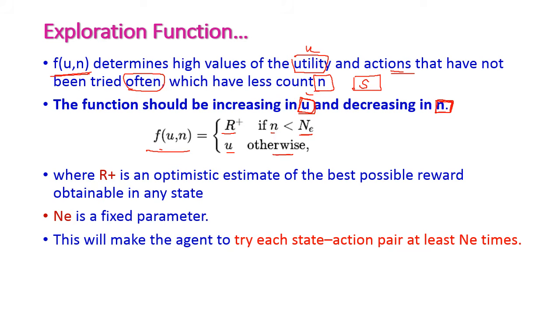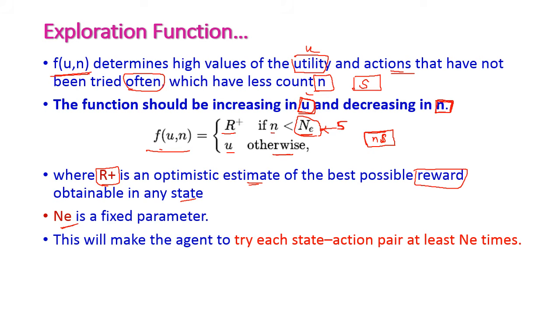Okay, here r plus is the optimistic estimate of the best possible reward obtained by any state, used when the action tried n number of times in a particular state is less than ne. Ne is a fixed parameter, okay, we fix any number, for example 5 times.